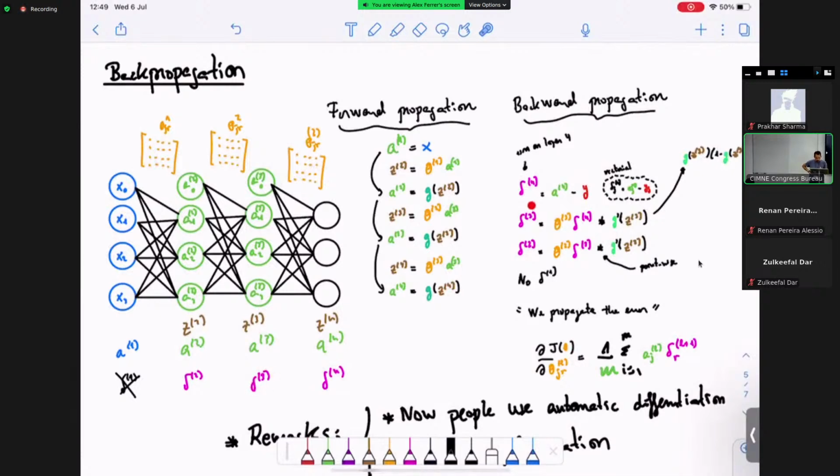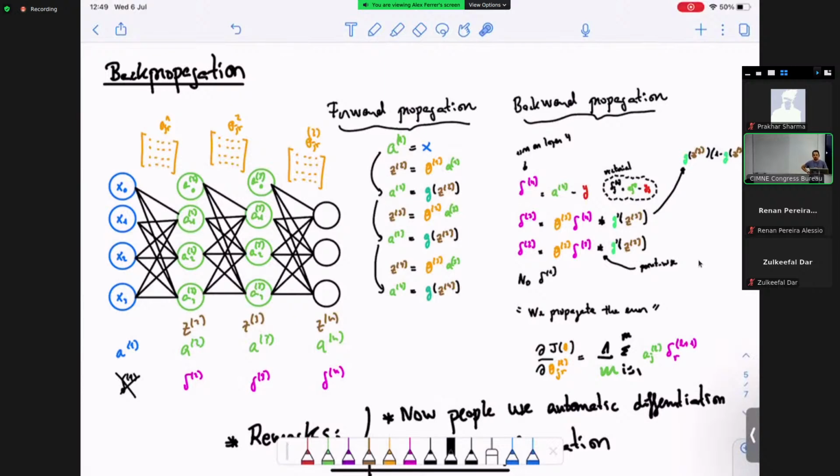And then again, with this delta, you multiply times theta, and then you multiply times a times 1 minus a. Okay. This multiplication is pointwise. I think here I have a mistake. This is a 1 minus a also. Not sure. We have to look at it.